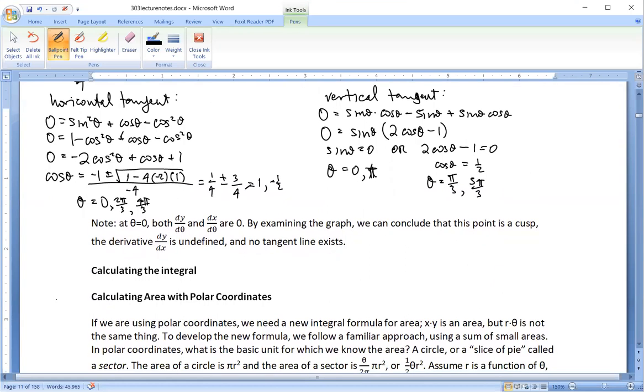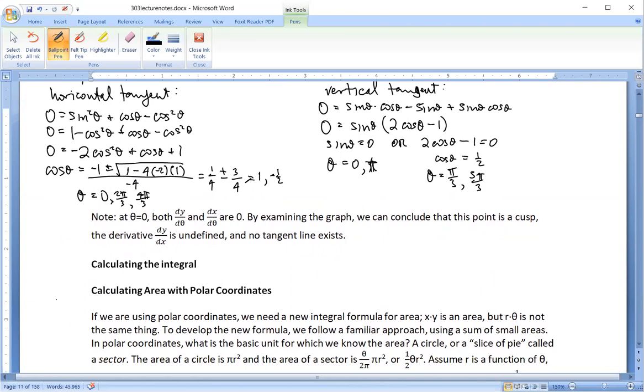So note that the area of a circle is pi r squared. So the area of a sector will be whatever fraction of the circle that is. So that times theta over 2 pi. Pi's cancel, you just get 1/2 theta r squared.